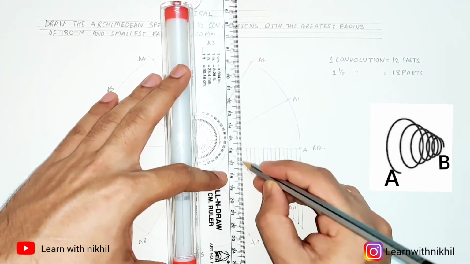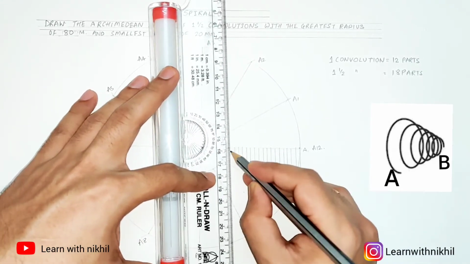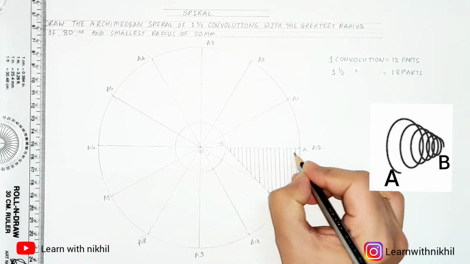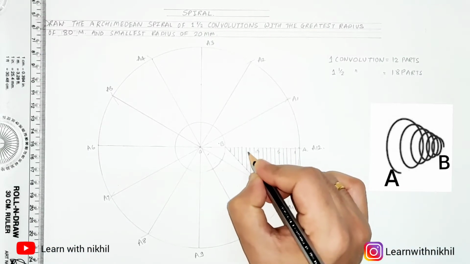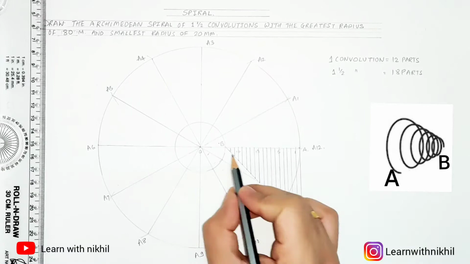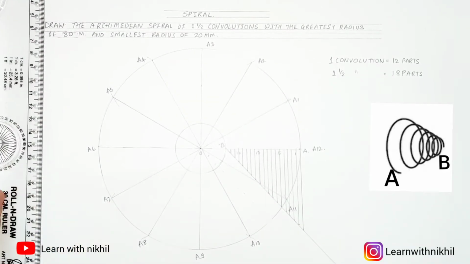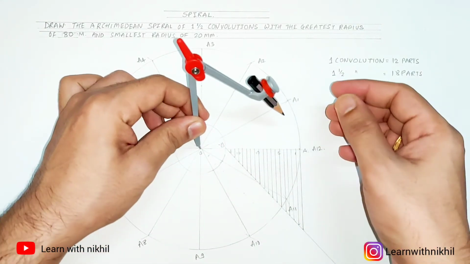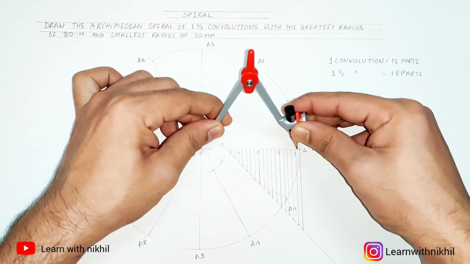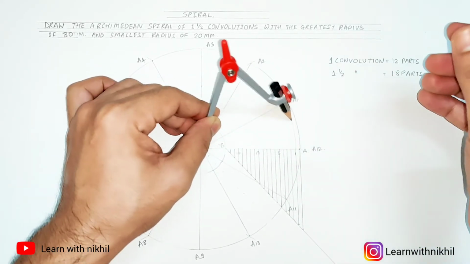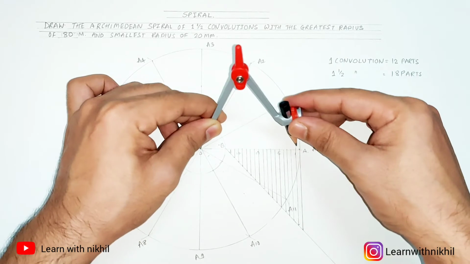If the convolution was for 1, then we would have divided the line into 12 equal parts, marking them 1 to 18.